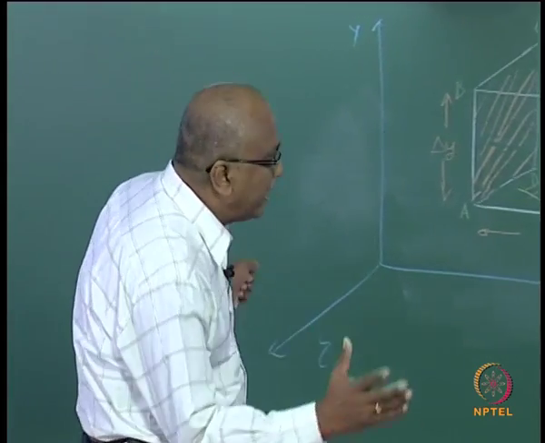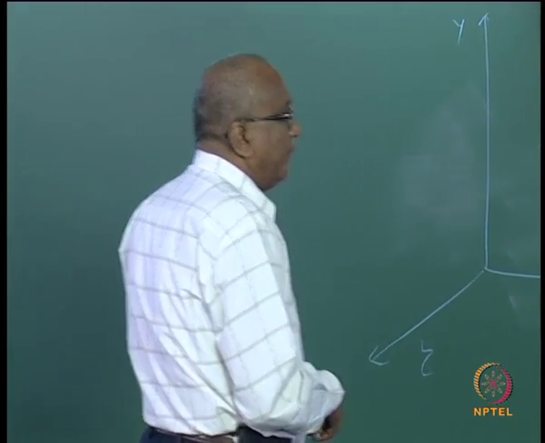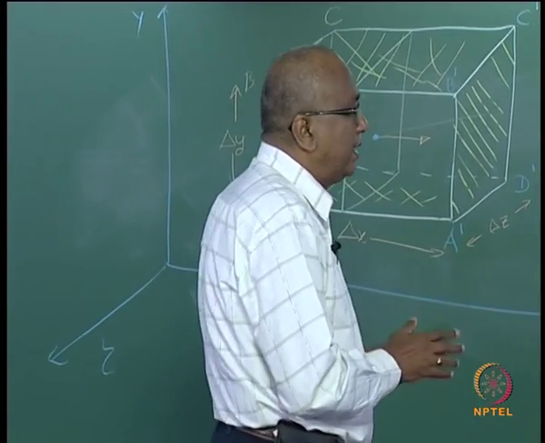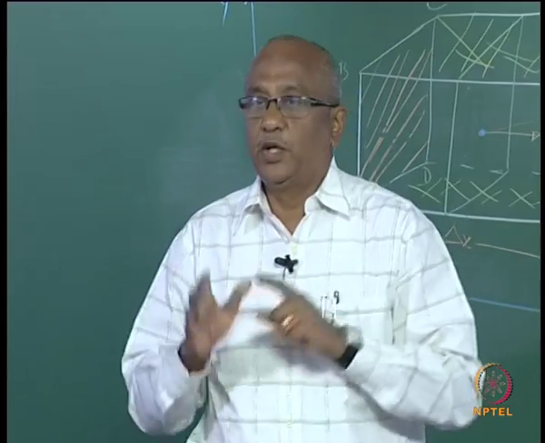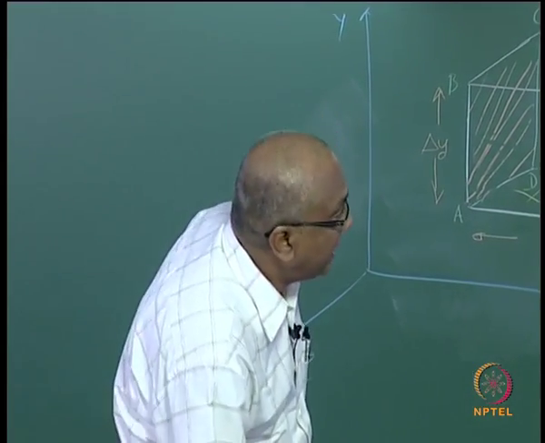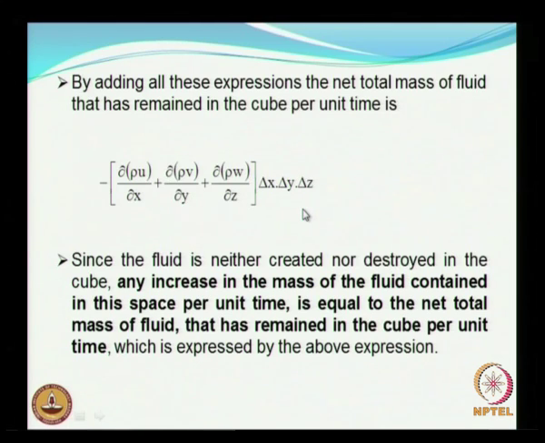So by adding all these three, we get the net total mass of fluid that has remained in the cube per unit time, which is as calculated or as derived. Are there any doubts?